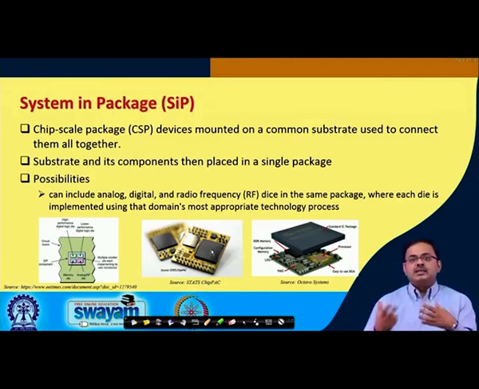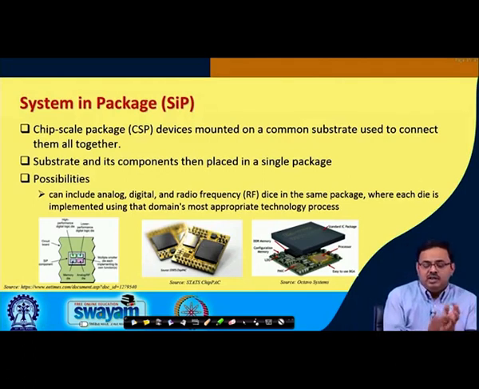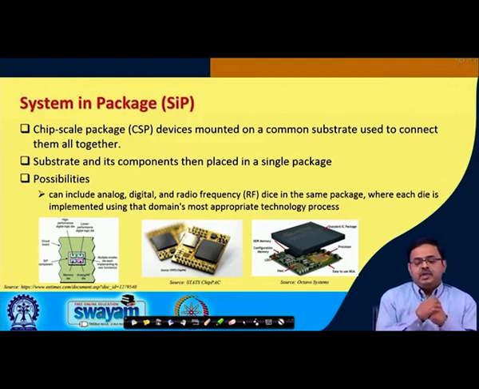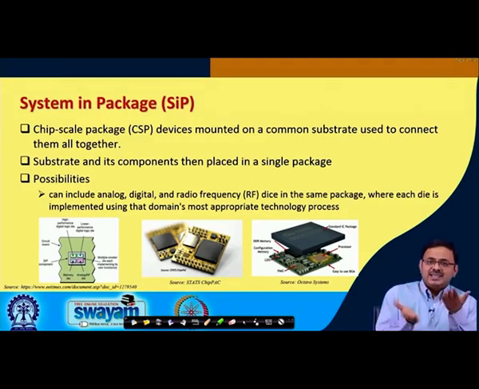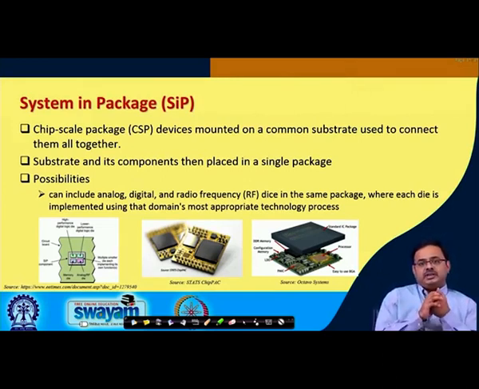Instead of just silicon, which is what we saw in multi-chip module, these are actually chip scale package devices. So, that is the difference between MCM and SIP. In many ways they are similar, but MCM is multi-chip, just pieces of silicon on the same substrate. Here these are chip scale packages on the same substrate, and the package itself has its own substrate, okay. So, that is the difference.